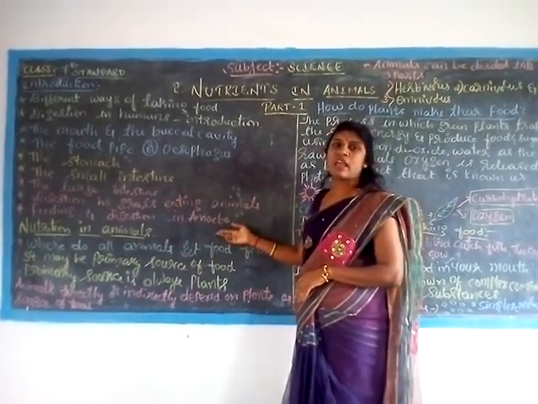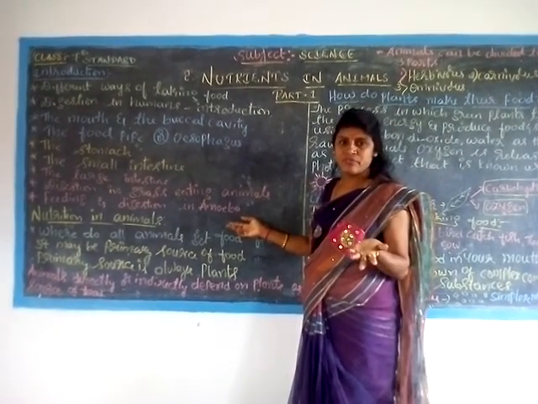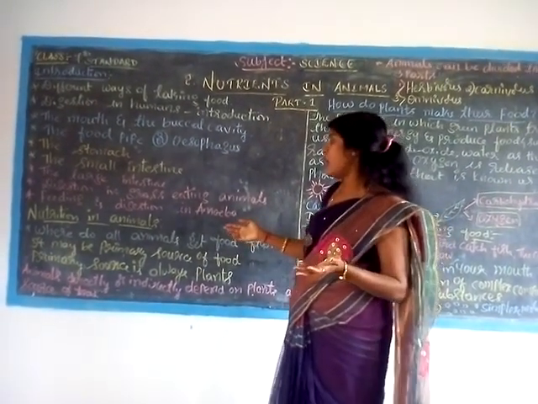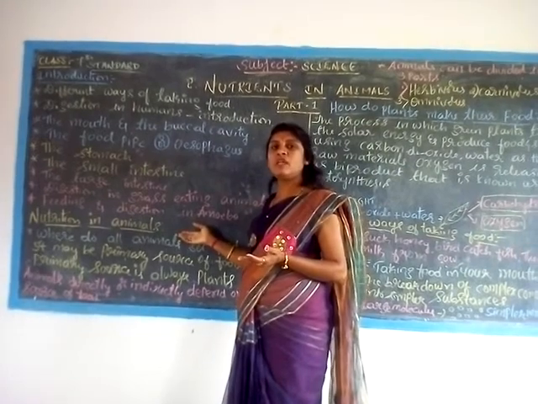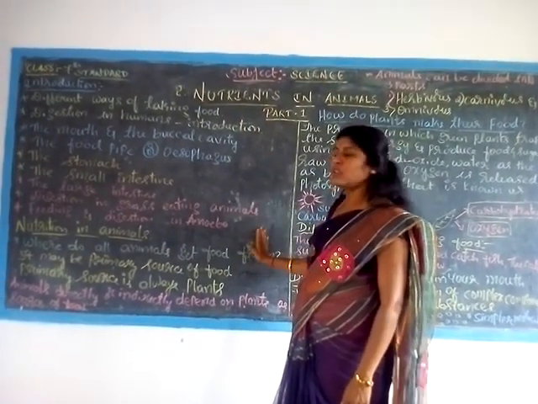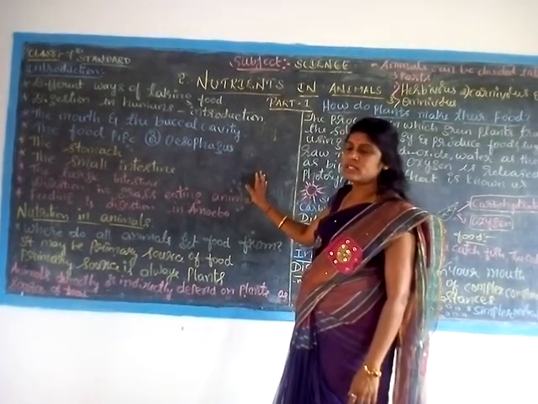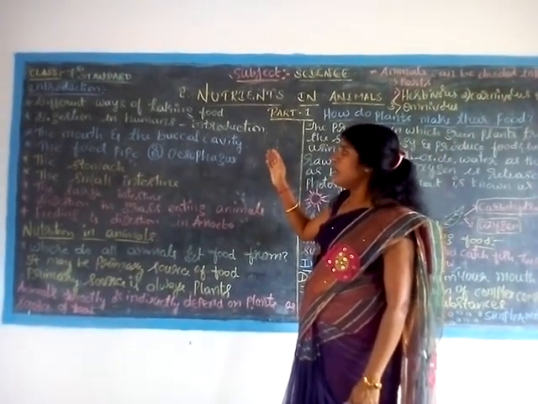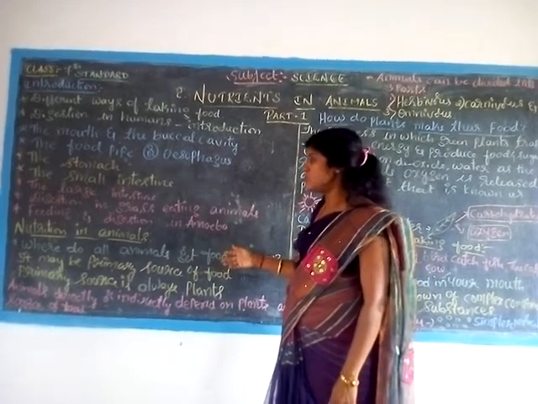Feeding and digestion in animals, how the animals feed their young ones, and how digestion happens in animals. We can learn all these things in the chapter. Let us move on one by one.